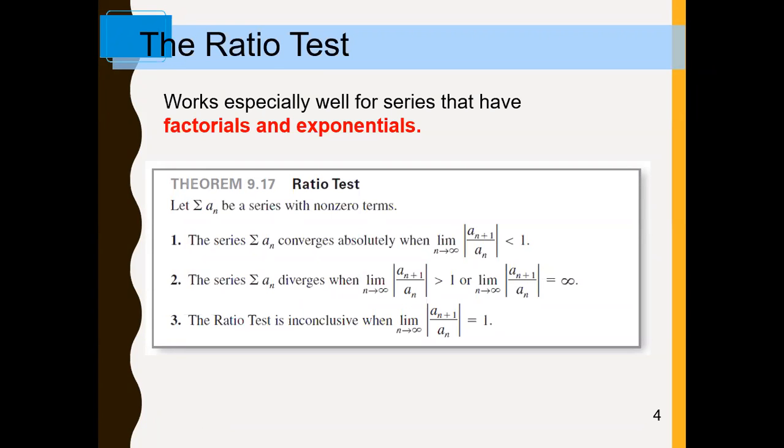So somebody hands me a series, and it could have negative terms in it, right? Now, we have a few tests that actually are useful in the context of having negative terms. One of them is called the nth term test. The nth term test works no matter what.